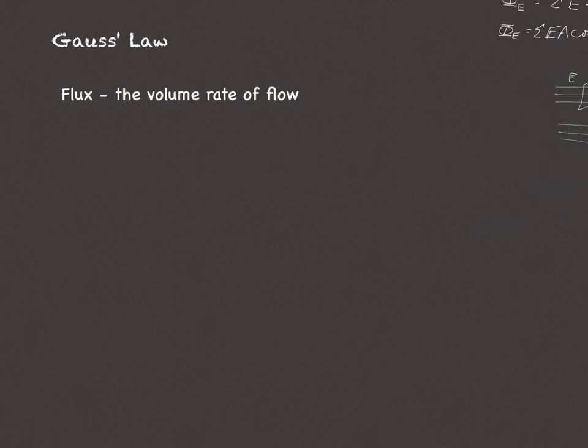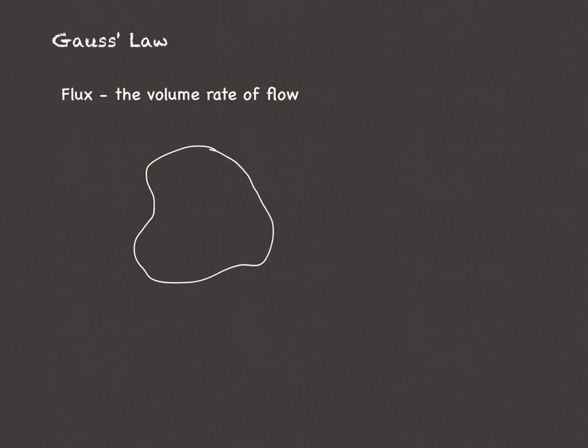Now, if we have irregular objects, we can't use a finite sum. So I just have some bag, say it's a bag and it's tied shut. So this has dimension to it. Okay?